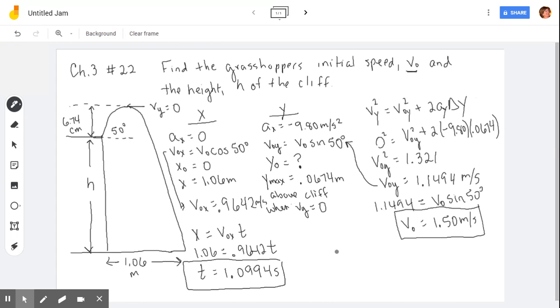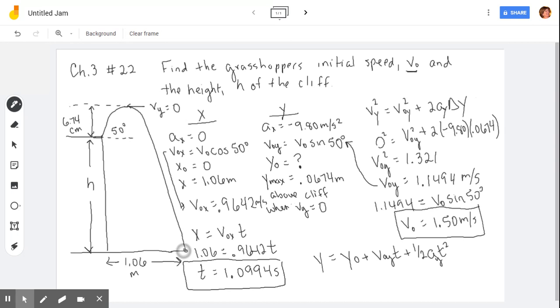I'm down to this last equation. And I'm going to plug in everything. I'm trying to find this thing, but I know at this time, 1.0994, the height is 0.